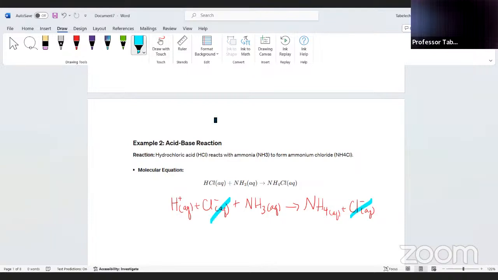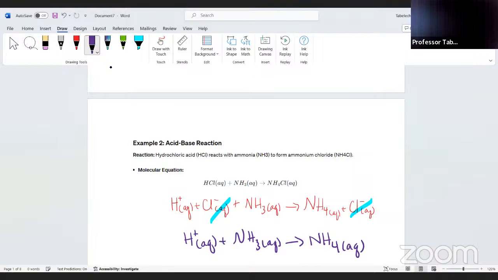Chlorines get slashed off. And so the end result of how we get NH4, which is ammonium, not ammonia, is you end up with hydrogen plus NH3, ammonia, producing NH4, ammonium. Okay?